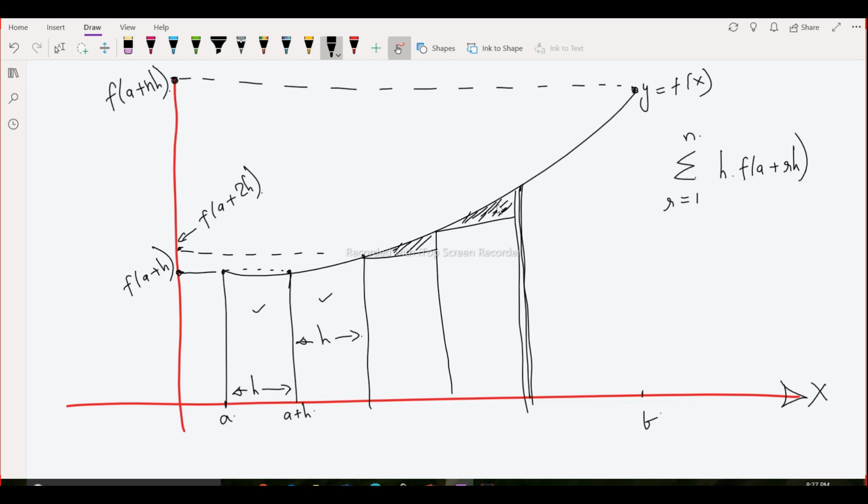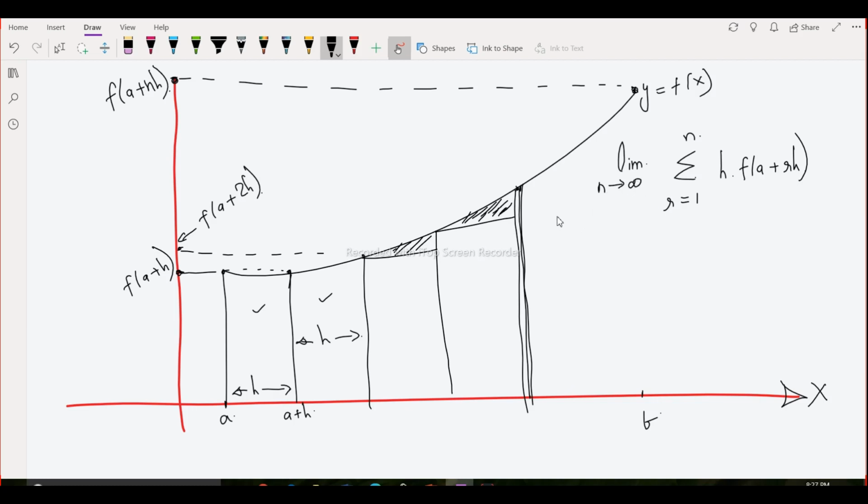With this, the error would be negligible. So I will write limit. Why am I using limit? Because n is the number of rectangles and n has to be very large. So I'll write n tends to infinity, right?